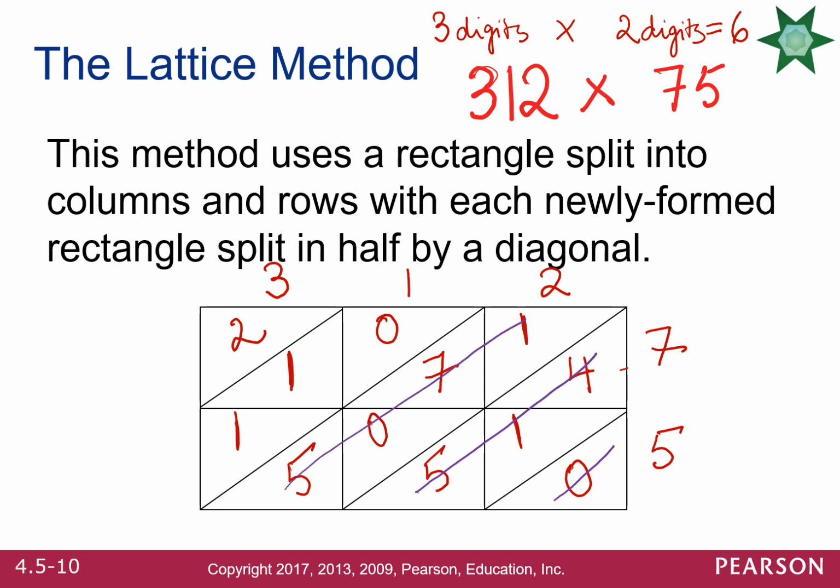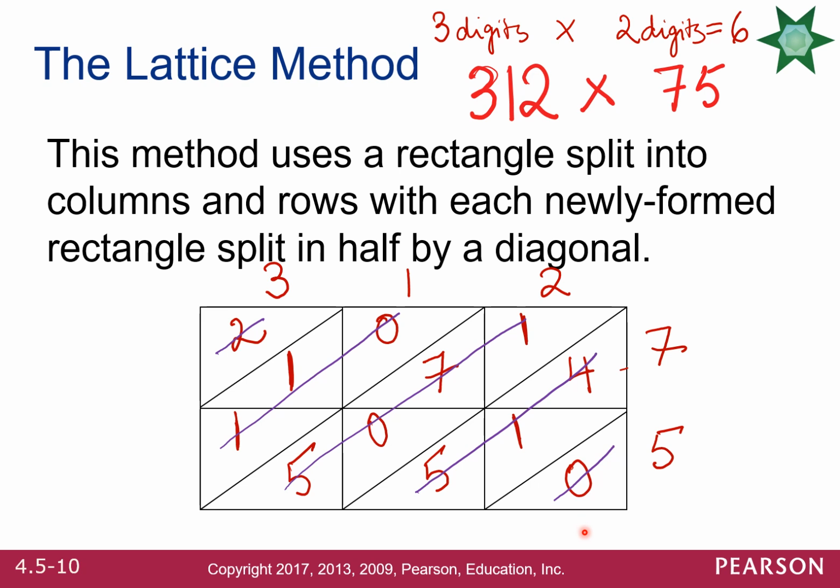This is a diagonal. This is a diagonal. And this is the last diagonal on top. And we proceed from the right to the left, because we will also need to carry over at times. So the addition is done just the way we add in multiplication in the traditional system.